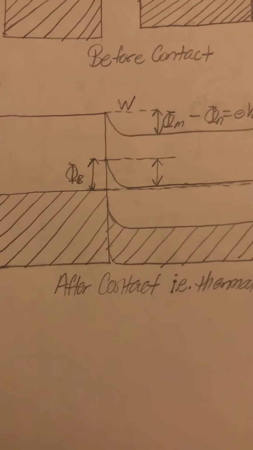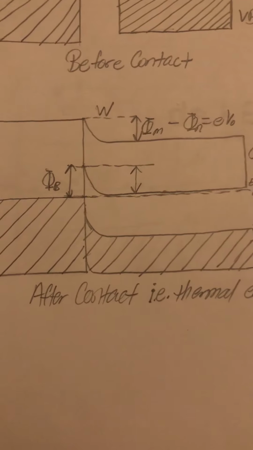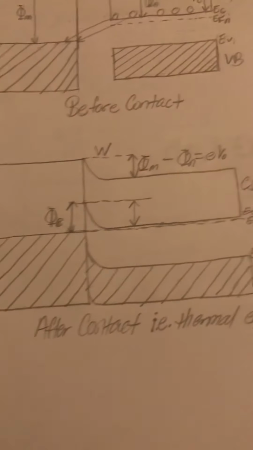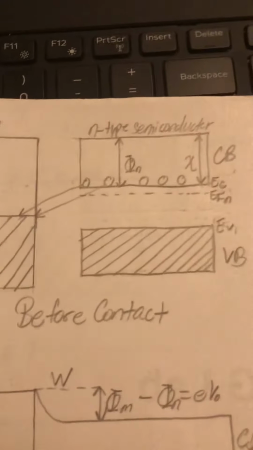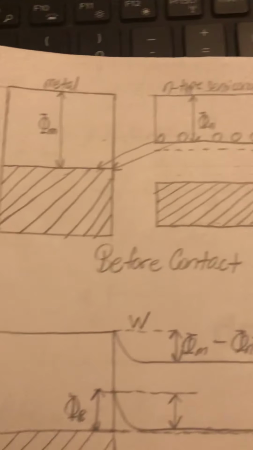After we have the contact, we assume that the work function of the metal, as previously stated, is going to be greater than the work function of the N-type semiconductor. So you see the magnitude size difference.